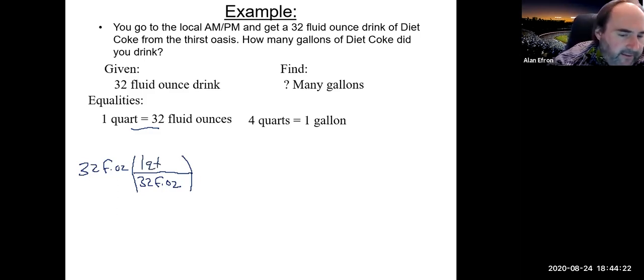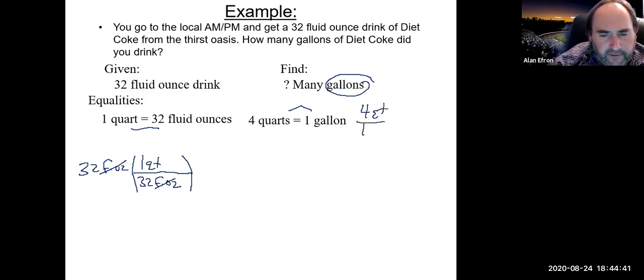At this point, if we stop, the units of fluid ounces would cancel each other out. We would be at quarts, which is close to what we want, but we do want gallons. So we are going to use our other equality here, which we also could write two conversion factors for, which looks like this.